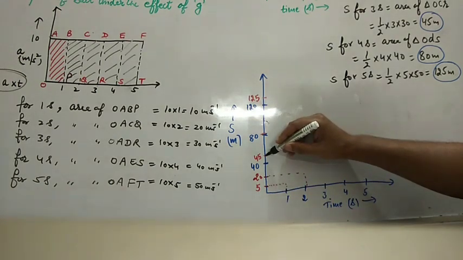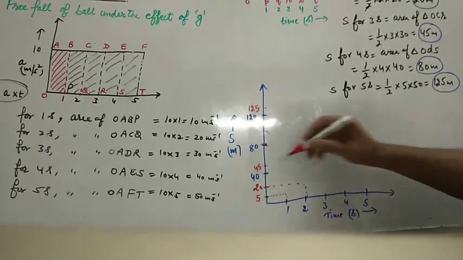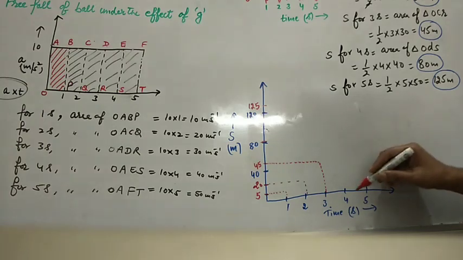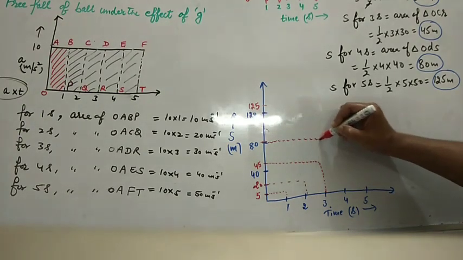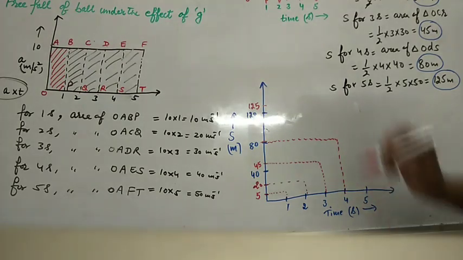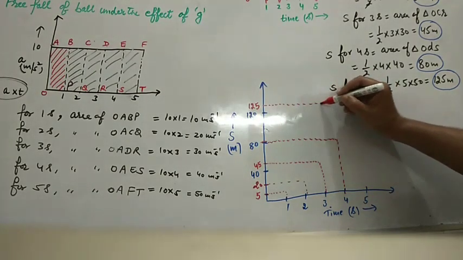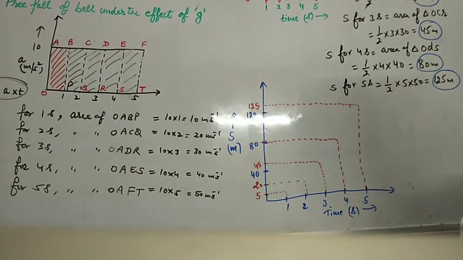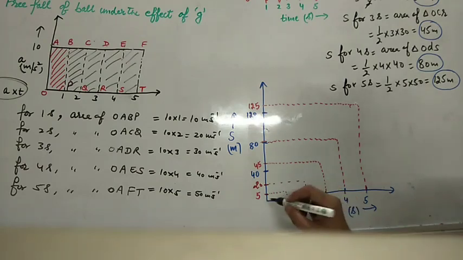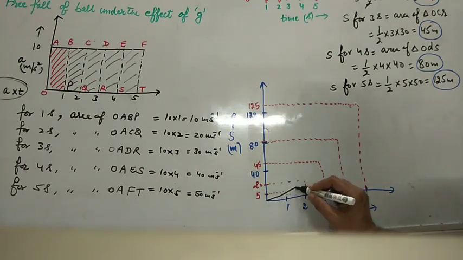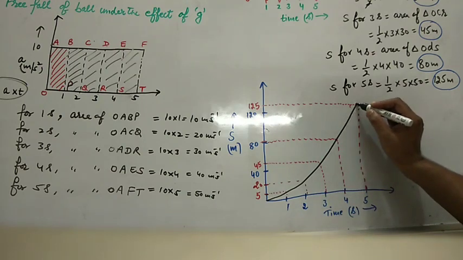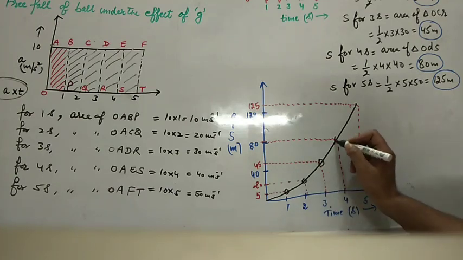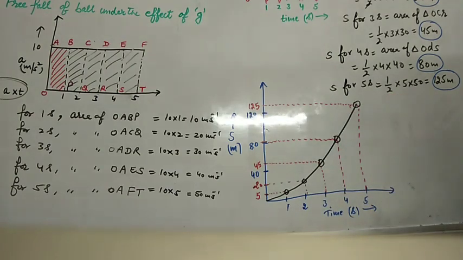For 3 seconds displacement is 45 meter here. For 4 seconds the displacement is 80 meter, this one. And for 125 the time interval is 5 seconds. I will try to get the curve. It will be in this way, a curved line. Here is the observation point for the displacement time graph.